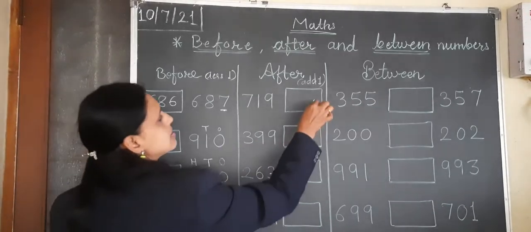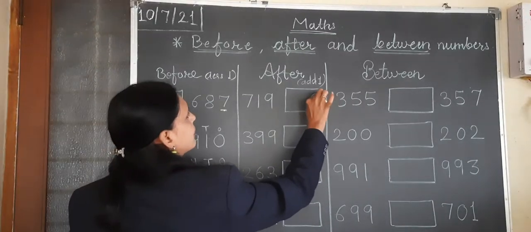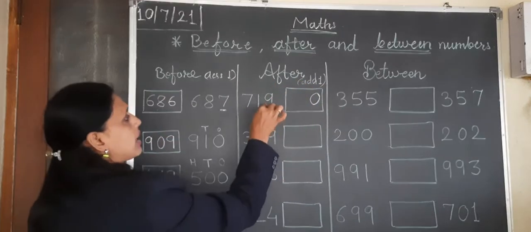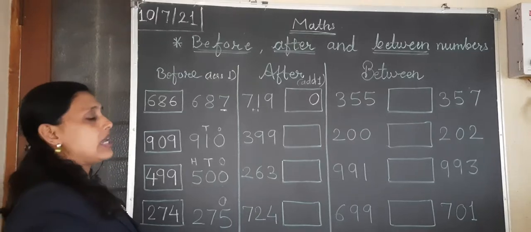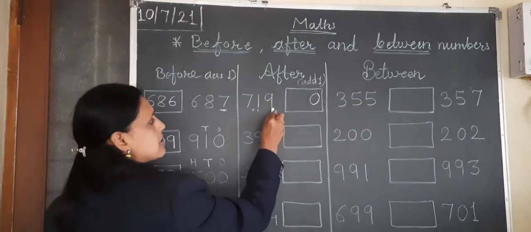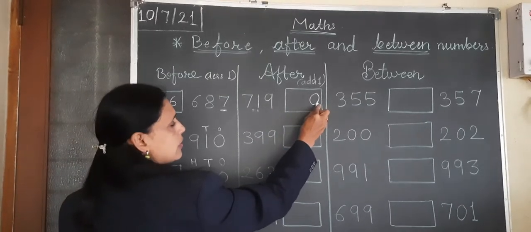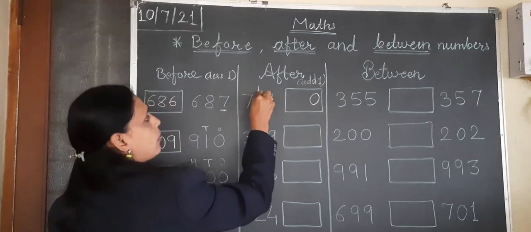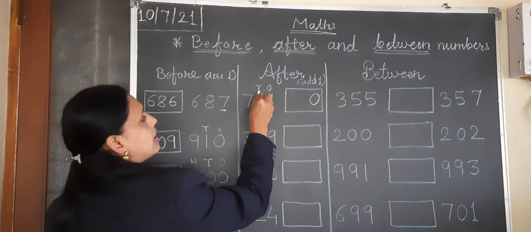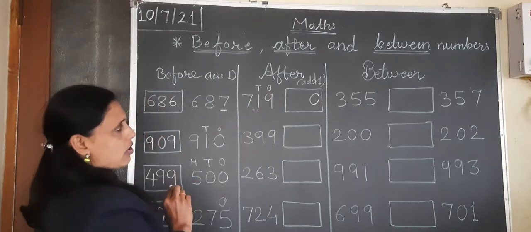So from 10, 0 we are writing here, and 1 is remaining, that you have to add here. Okay. Means whenever there is 9 you have to write 0 when you are writing the after number. And one number you have to write in the tens column.